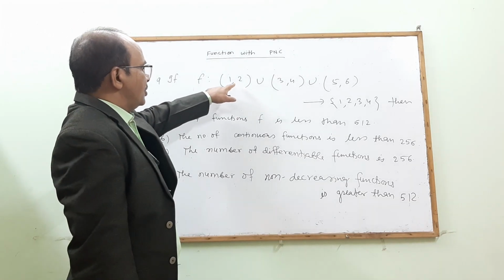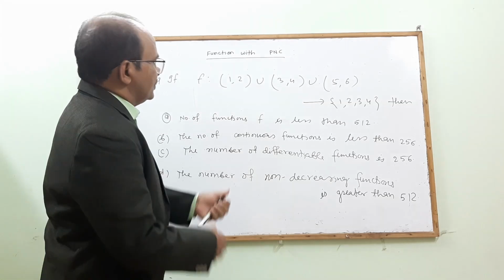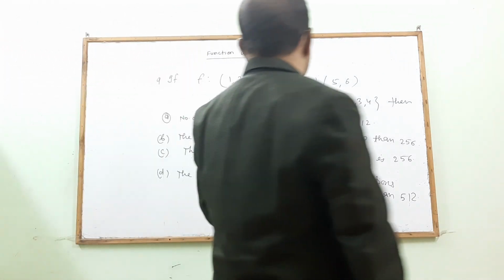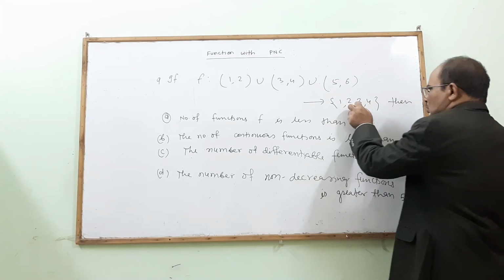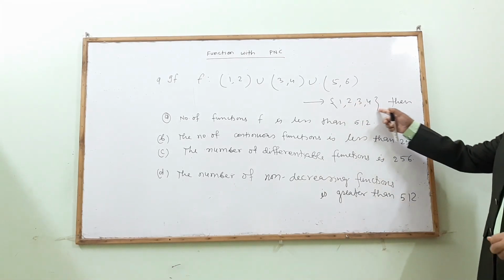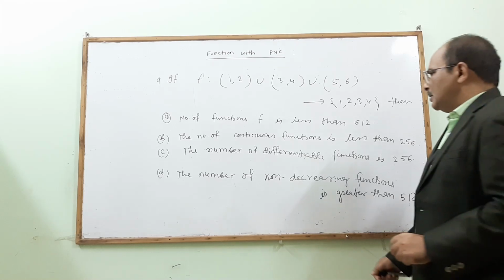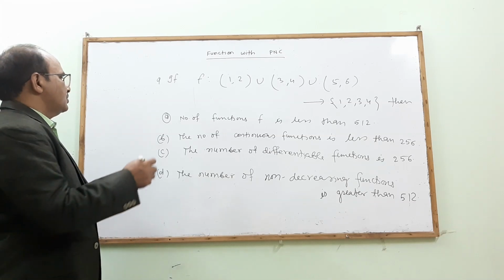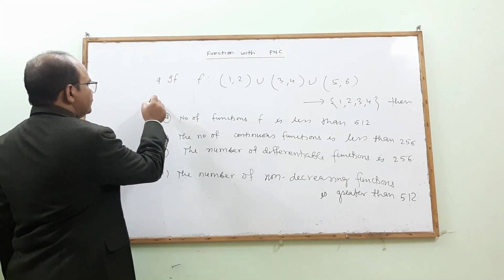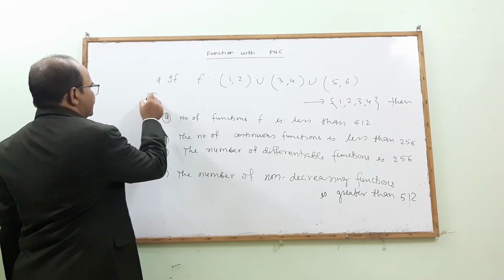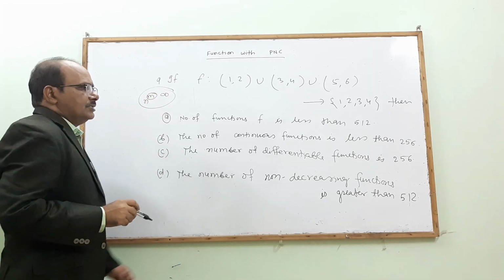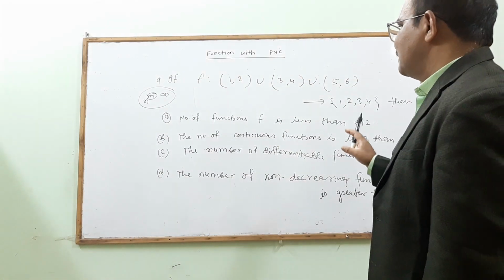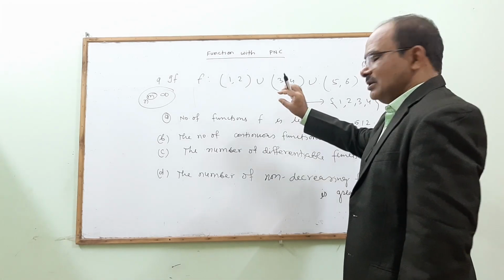Here observe the data. The number of elements in the domain is infinite and the number of elements in the codomain is 4. The concept is that the number of functions is n to the power n, this is infinite, and this is saying that it is less than 512. Means this option is not correct.